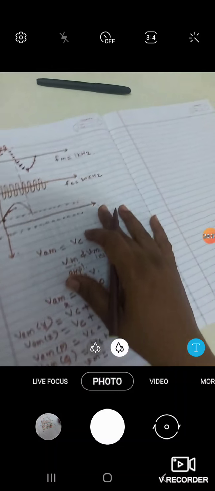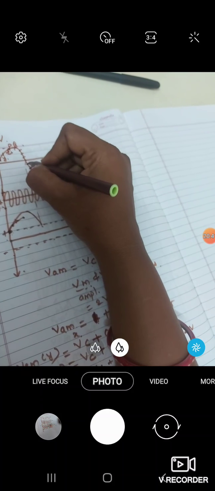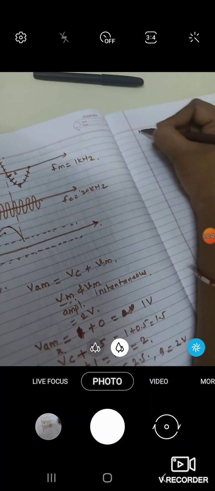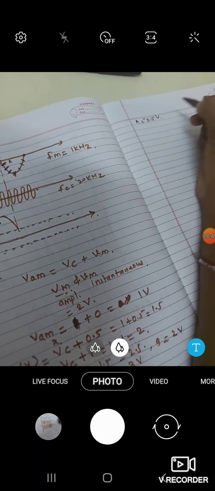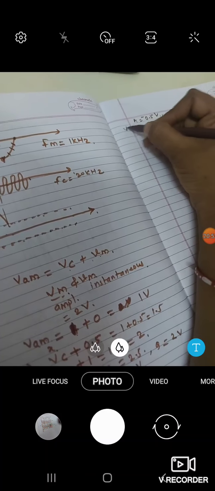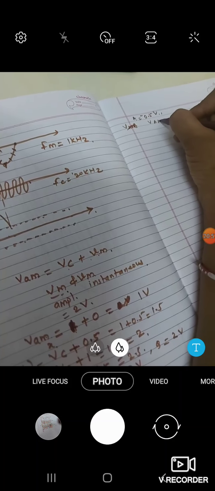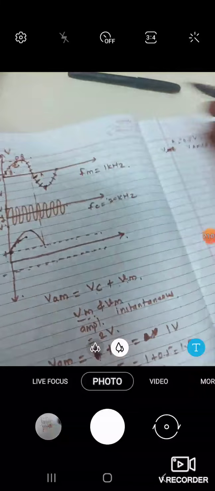So how will you calculate? Let us say this is a point, here it is point A. The amplitude of A we have considered as minus 0.5 volt. So at point A, how will you calculate Vam, or I will write here Vam at point A. How will you calculate?